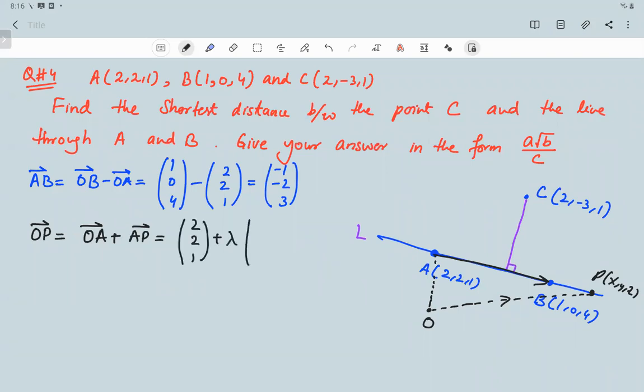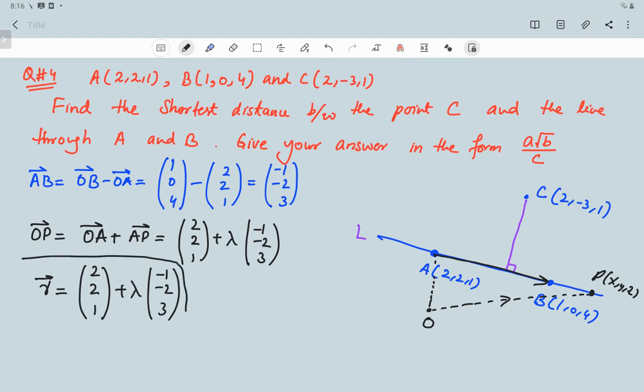And AP is lambda times AB. And we call OP as R. Okay, this is the equation of the line which passes through AB. We can also represent it like this.